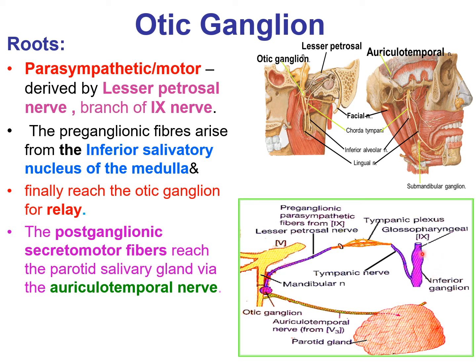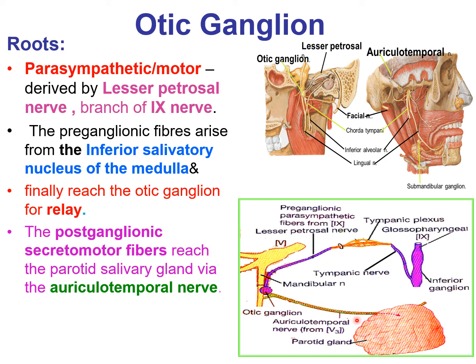The preganglionic fibers arise from the inferior salivatory nucleus of the medulla, and they pass successively through the tympanic branch of the ninth nerve, the tympanic plexus, and the lesser petrosal nerve, and they finally reach the otic ganglion and relay there. Now the postganglionic secretomotor fibers reach the parotid gland via the auriculotemporal nerve.